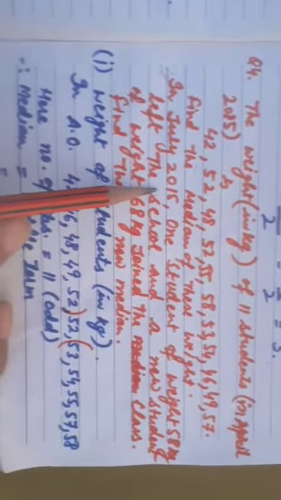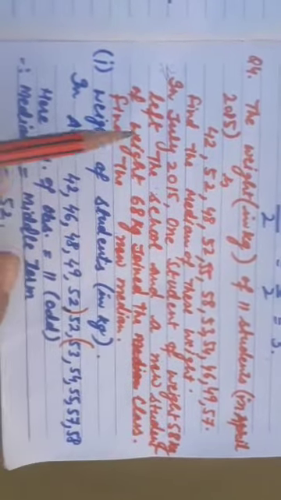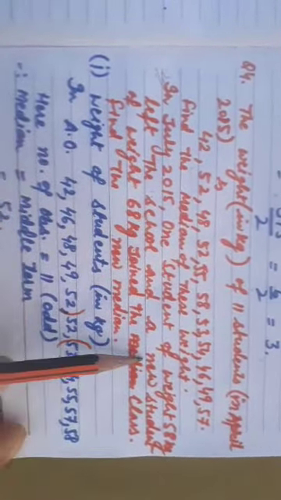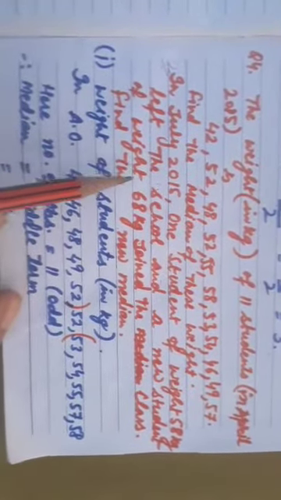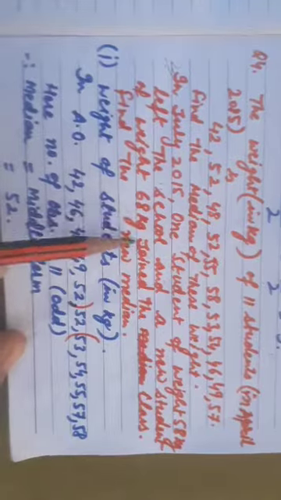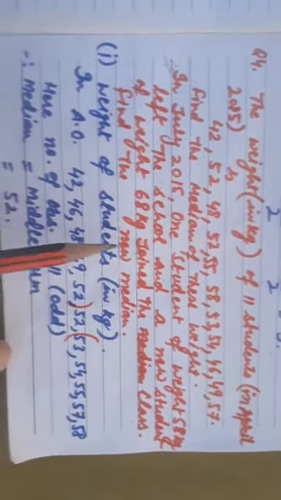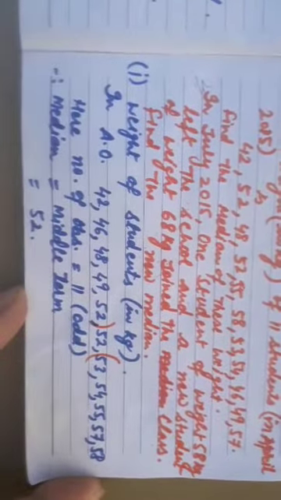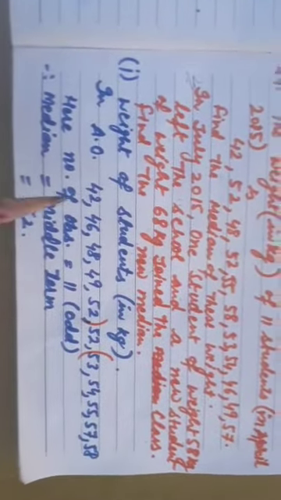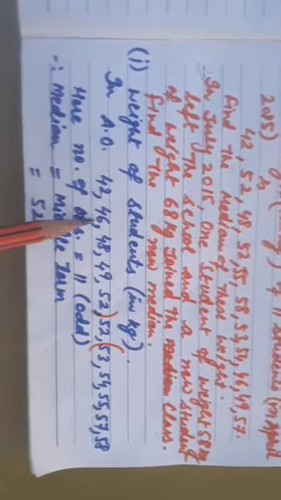In the month of July one student of weight 58 kilogram left the school and a new student having weight 68 kilogram joined this class. We have to find the new median in this case. Firstly from the previous data we will find the median, and then with the second case.